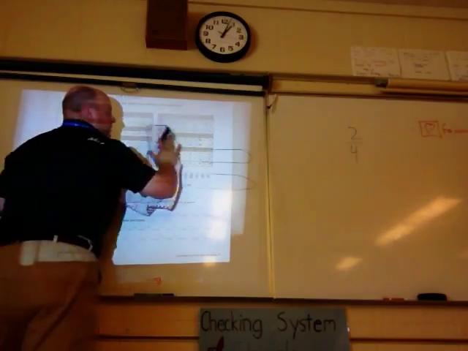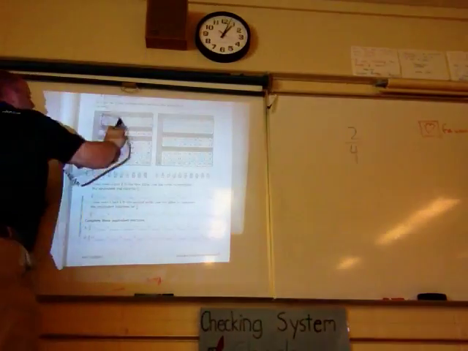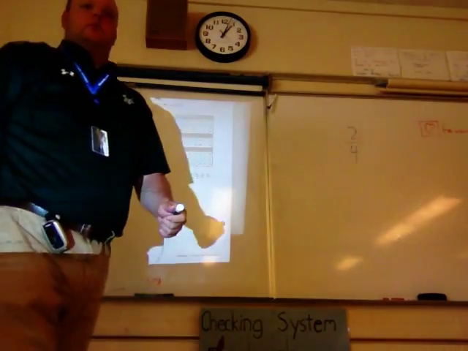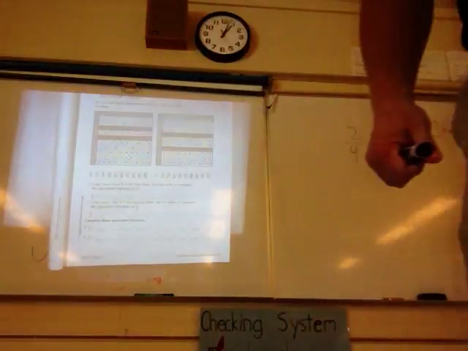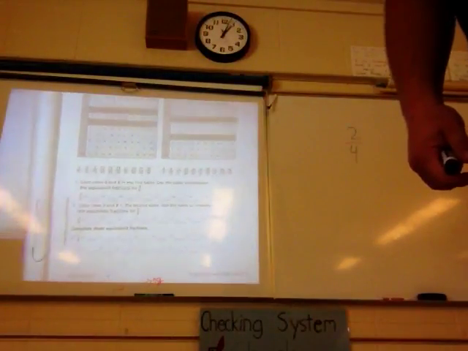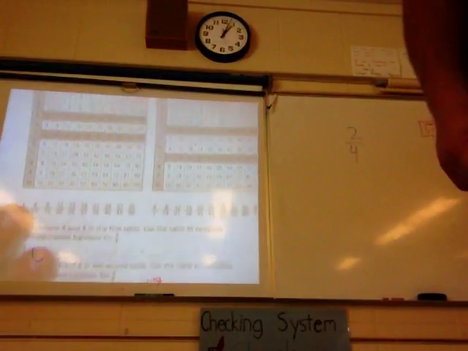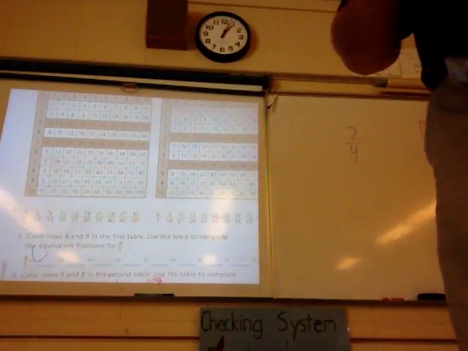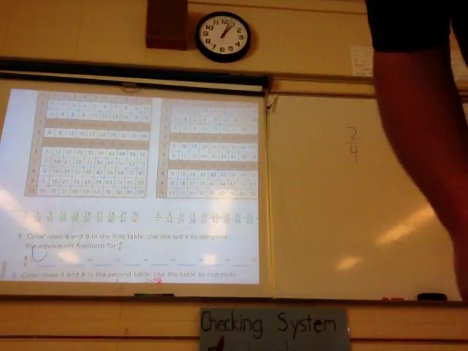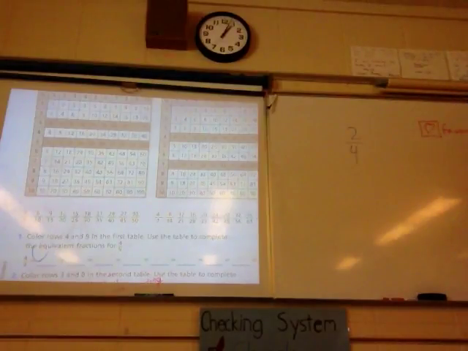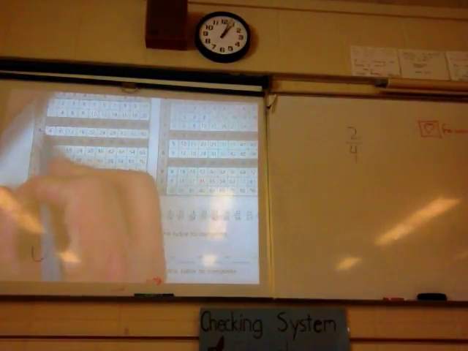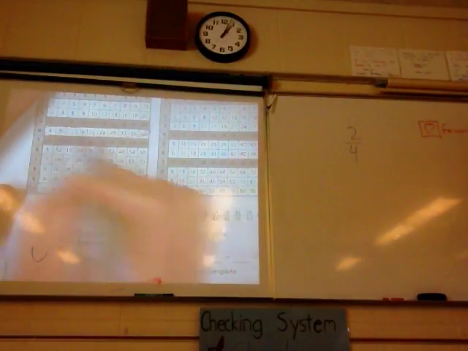If you're not looking at this, please find this. It's on page 7 in your math workbook. I was asked to circle, so we're either going to do 4 and 9.